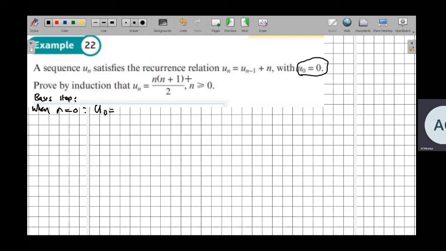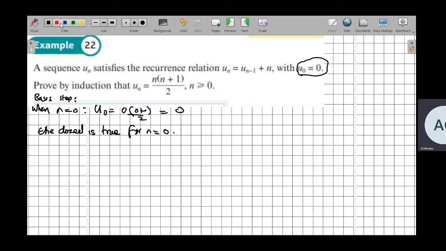U0, we substitute here, is going to give us 0 times (0 plus 1) over 2, which is 0. So it's true, isn't it? You can make a comment: the closed form is true for n is equal to 0.